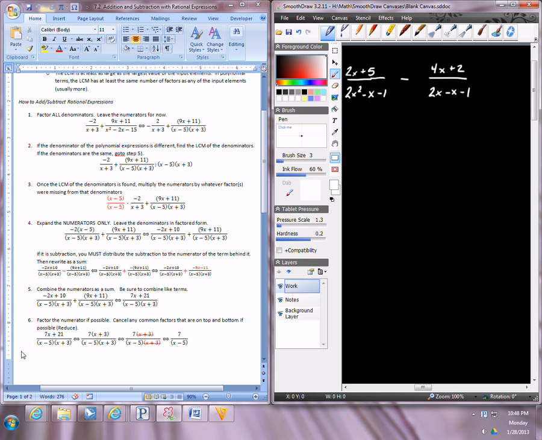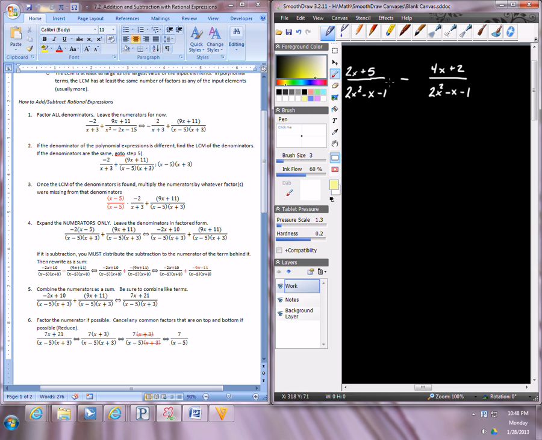If you're multiplying and dividing, factor everything, all of it, because that way it's going to make it a lot easier for you in the end. However, since we're just dealing with addition and subtraction in this circumstance, we want to just factor all the denominators.